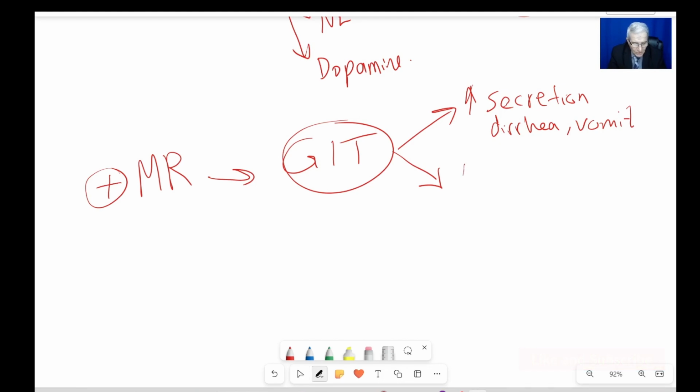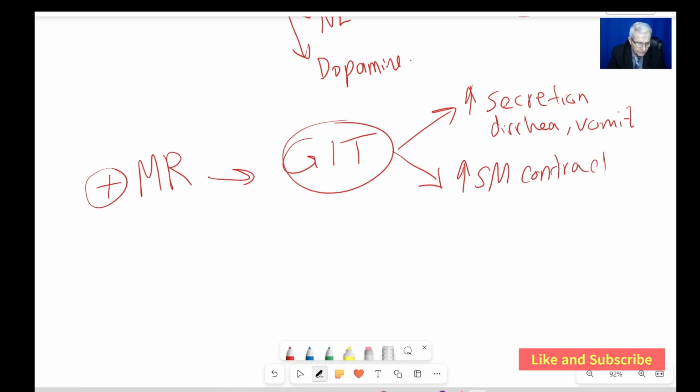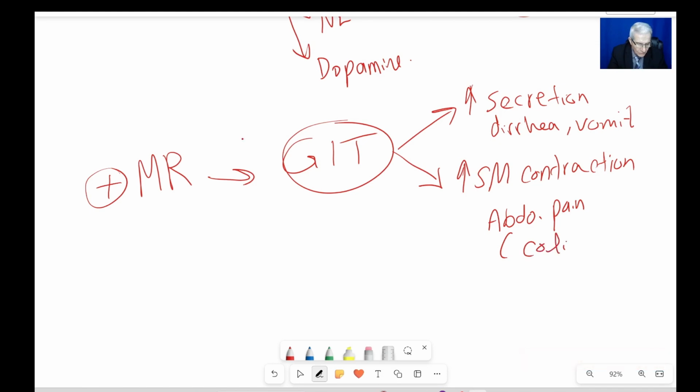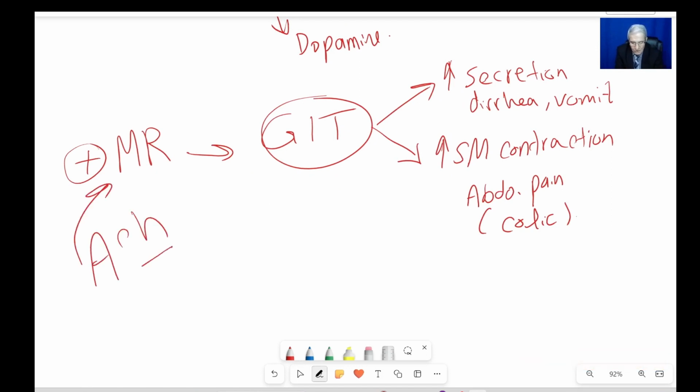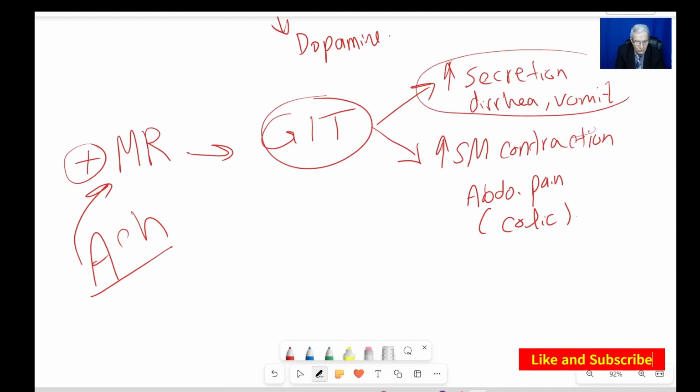Next, we have increased smooth muscle contraction, so we talk about abdominal pain, or sometimes colic. So the effect of acetylcholine on the M receptor is increased secretion and contraction.